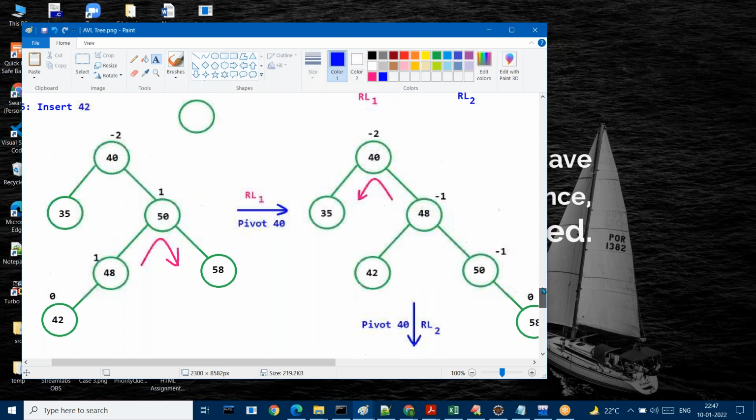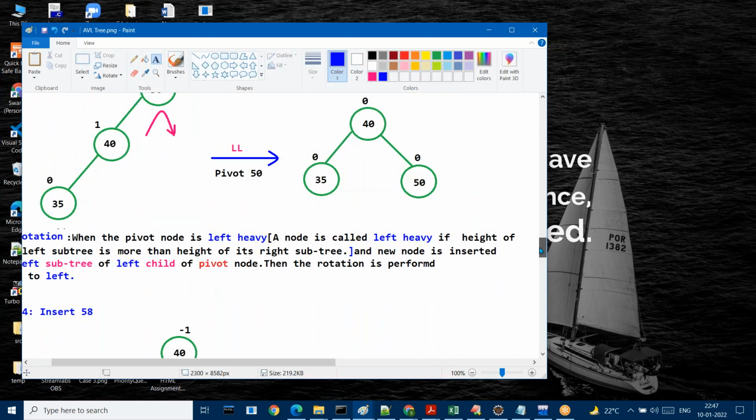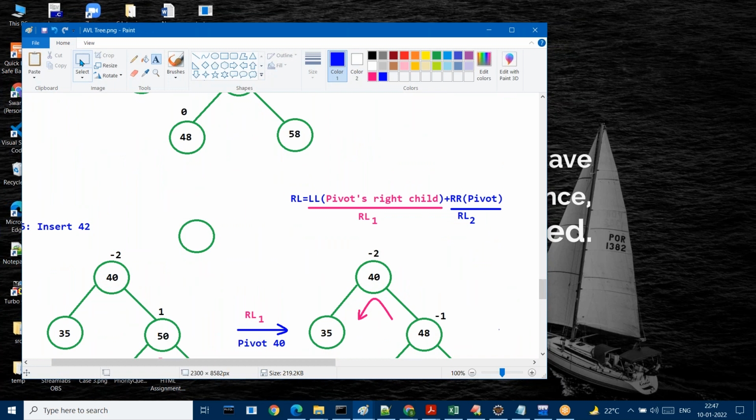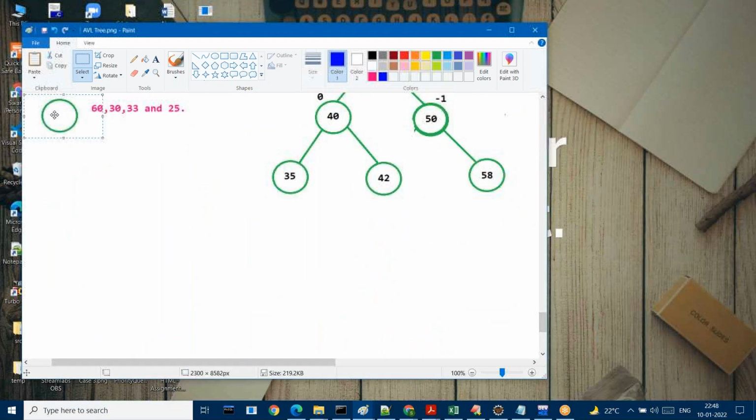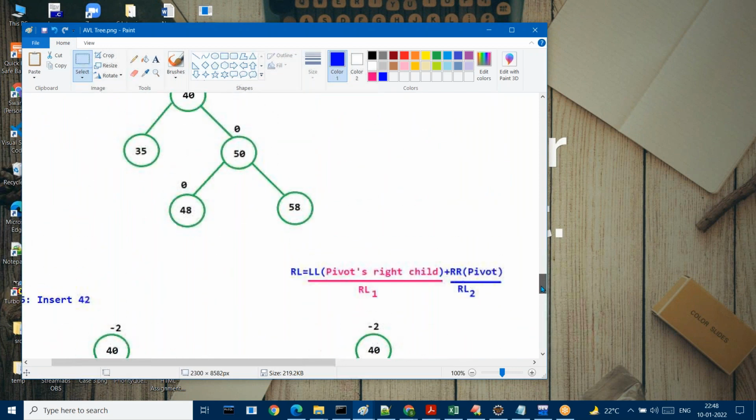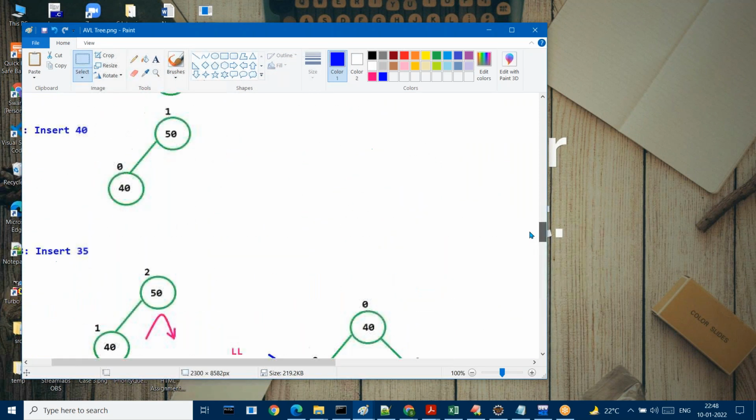So tomorrow we have two jobs to do, guys. One is to first correct the note of RL rotation. That note is not corrected yet. Just the last line I made correct so that I can use it here.